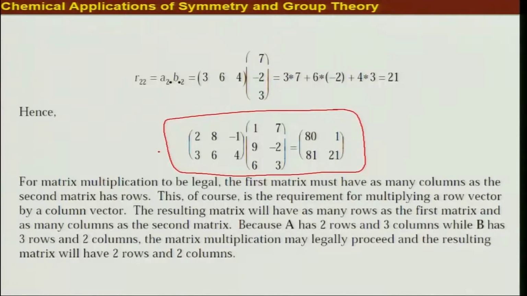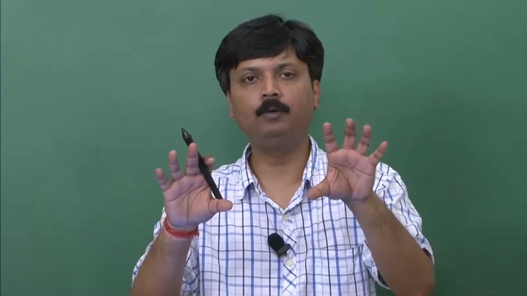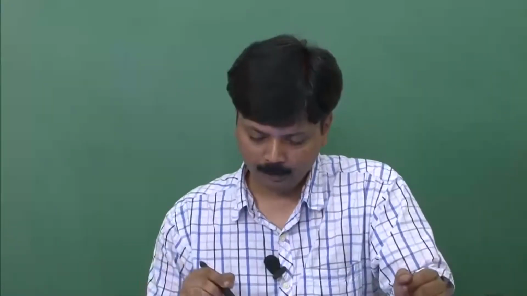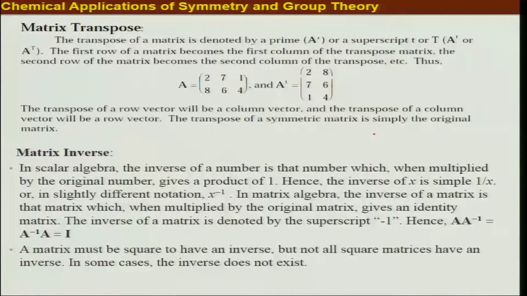So that's why you are getting this 2 by 2 matrix, because the first matrix had 2 rows and the second matrix had 2 columns. So the number of rows of the first matrix and the number of columns of the second matrix will give you the total dimension of the resultant matrix. Okay, so that's about matrix multiplication.